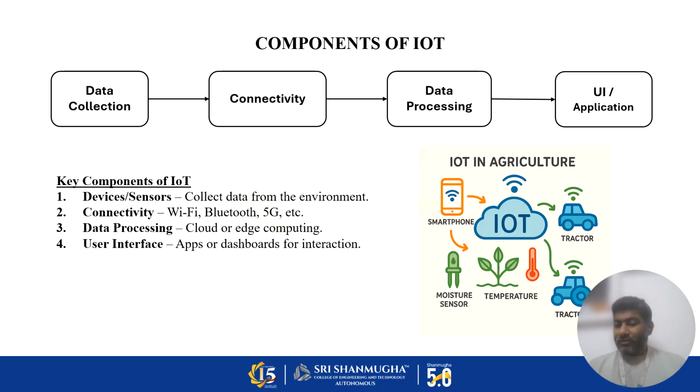Next is edge computing. What is edge computing? It is processing of data near the source. If all these raw data are stored somewhere first and then processed, it will take a lot of time to reach.